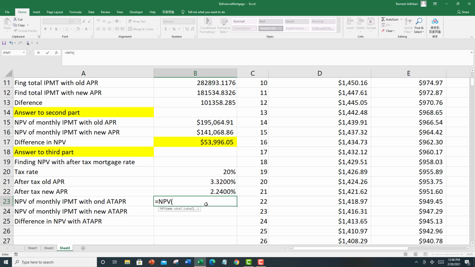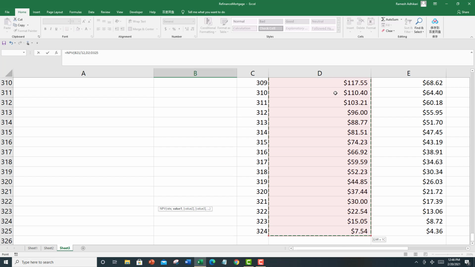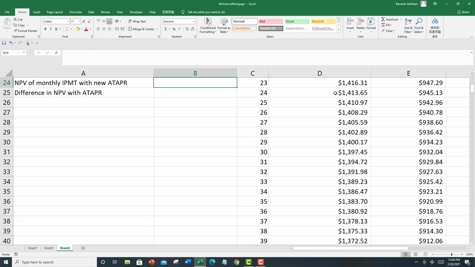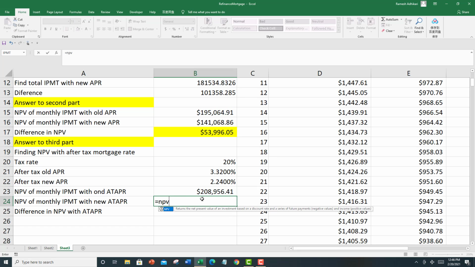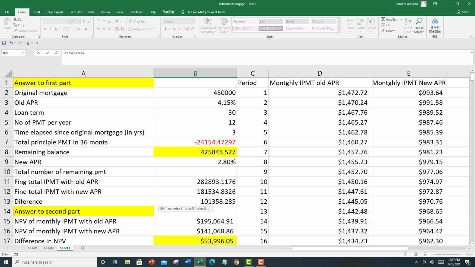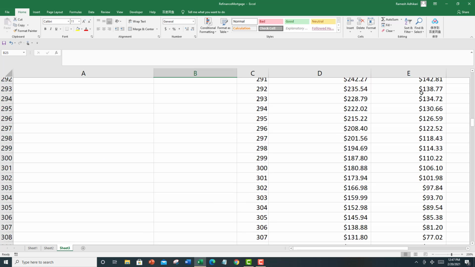Here it's equals NPV, and this is for my old APR, so it's 3.32 right here, divided by 12, comma, and your interest payment, like D1, Control Shift down arrow, bracket close, enter. That gives me the present value. Likewise, you can also do NPV for the new one. This is 2.24 right here over 12, comma, and this time the interest payment is going to be this number from column E, Control Shift down arrow and bracket close, enter.